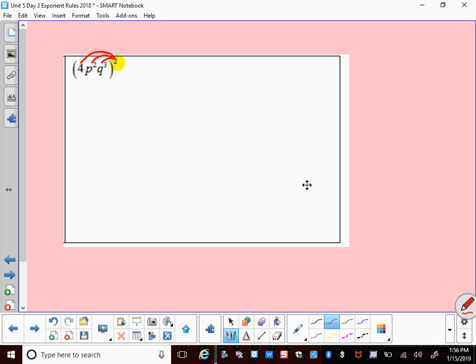Nope, that's the most common mistake. You only multiply the exponents. 4 squared is 16. Then I have p to the power of 2 times 2, 4. And then what about q? 6.